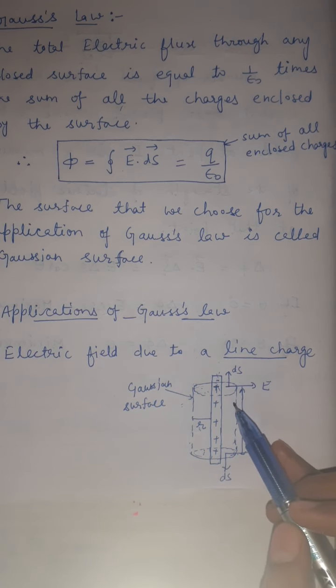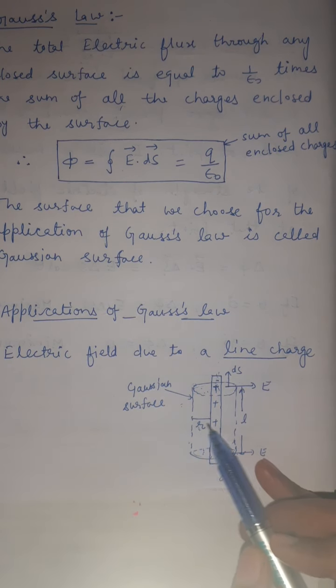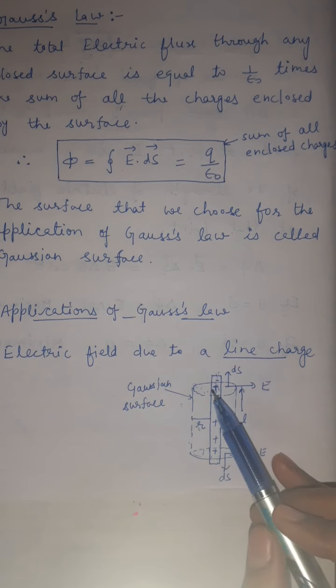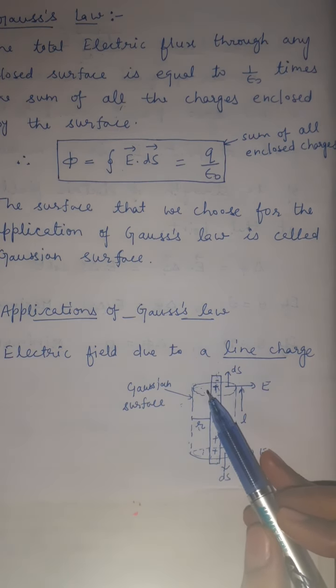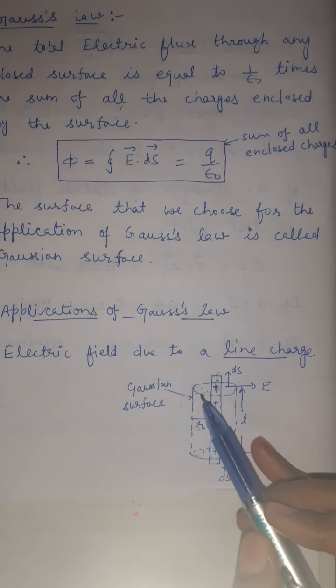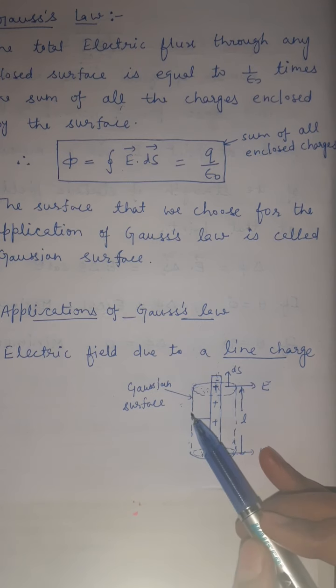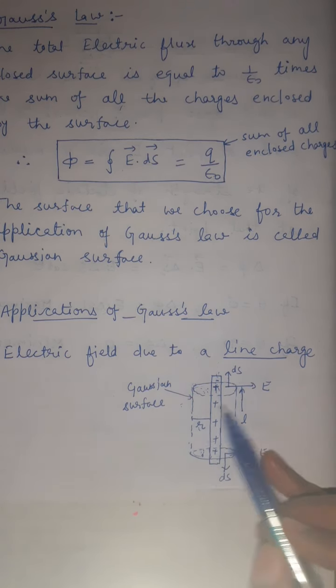In this Gaussian surface, the radius is r and its length is L. Here we can see there are three surfaces for this cylinder. The two surfaces, 1 and 2, are the circular surfaces, and the third surface is the curved surface.